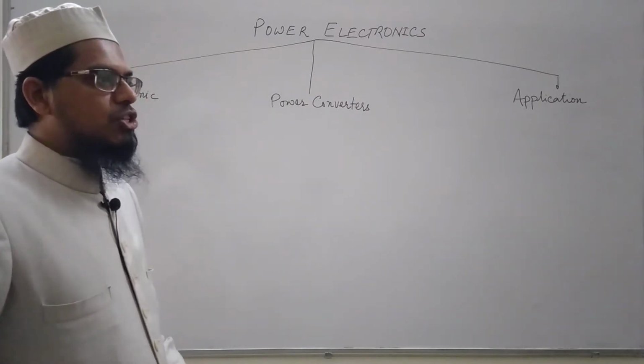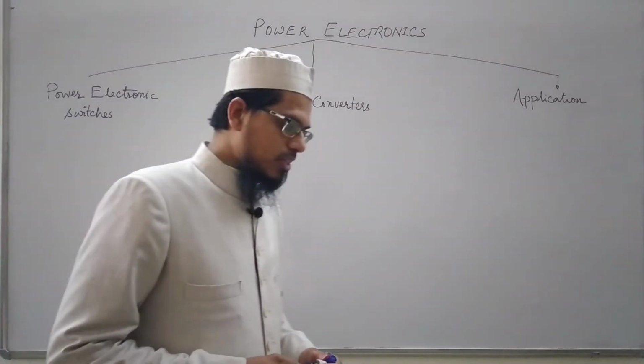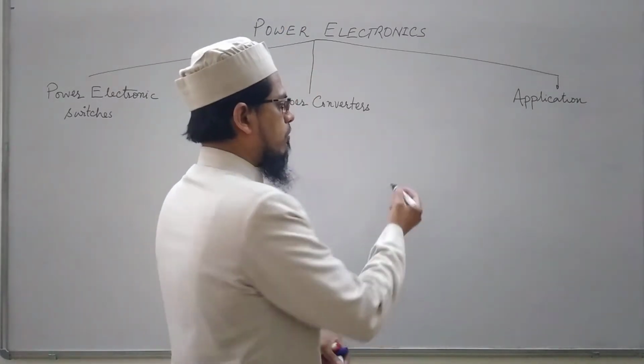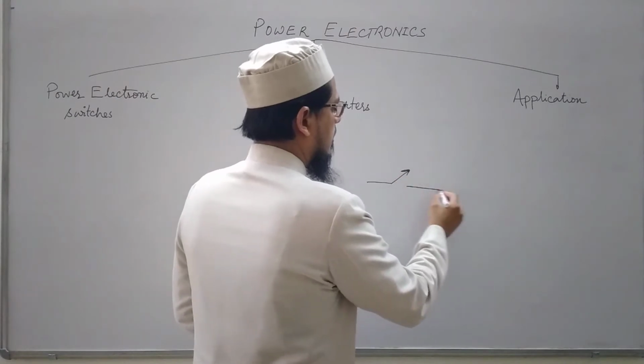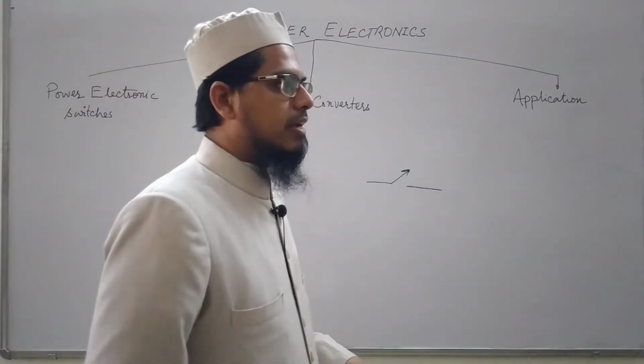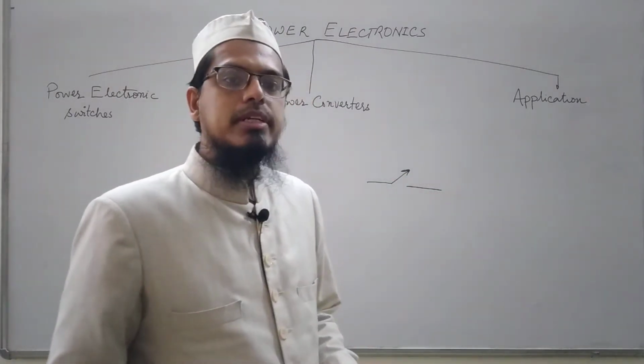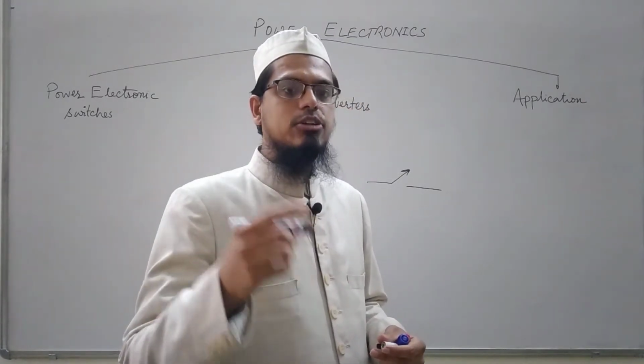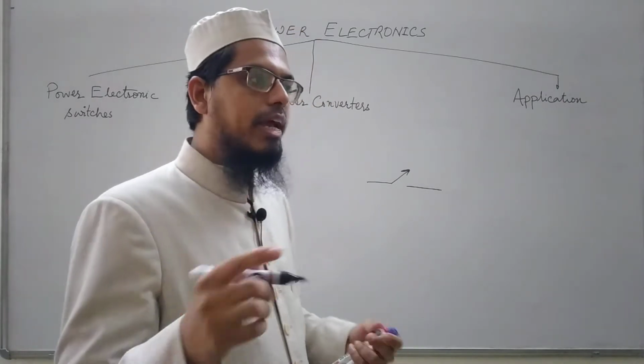By switch I mean the normal switch, say for example this switch which is normally present at your home, by which you turn on the light or turn off the light, turn on the fan and so on.